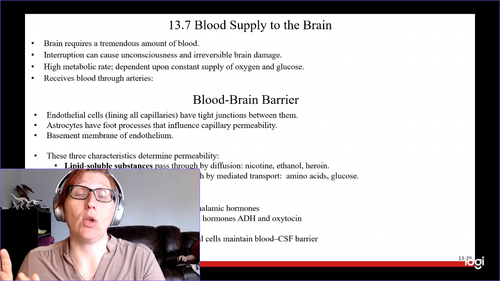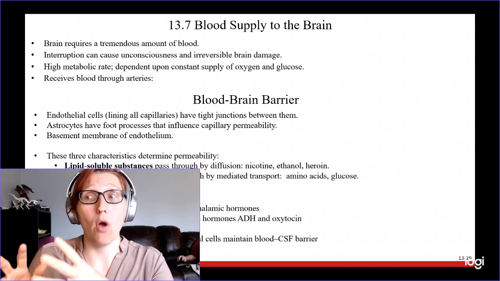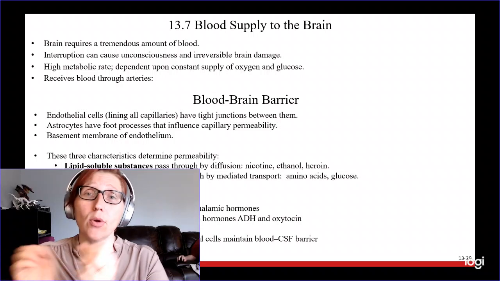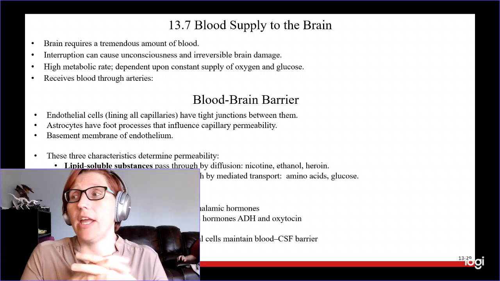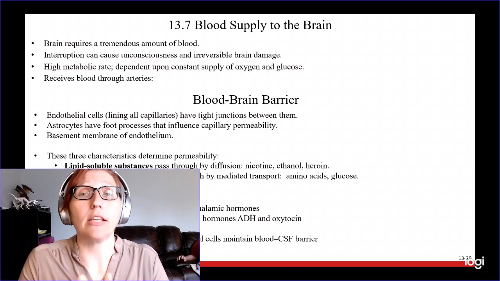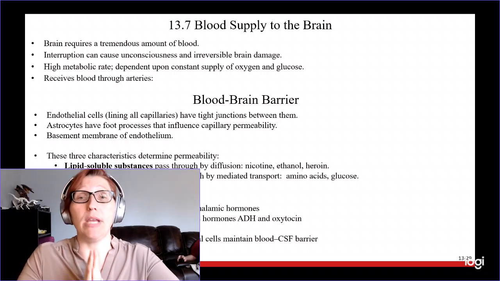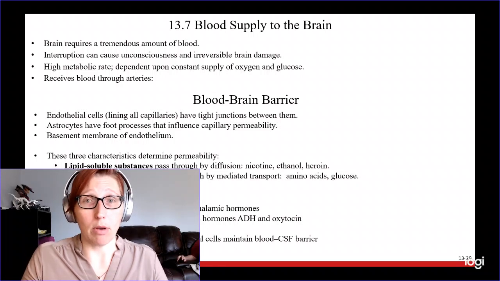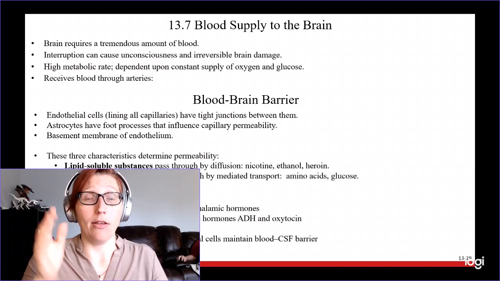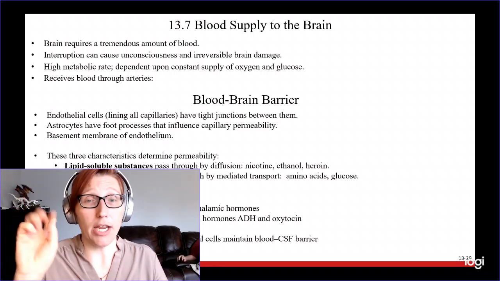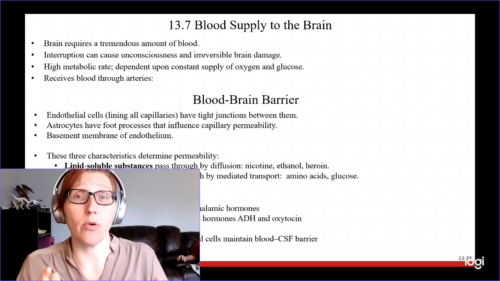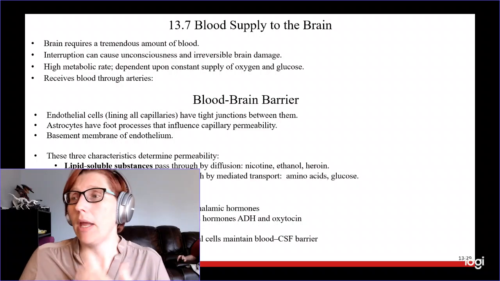Go back and take a look at that to make sure that you have why lipid-soluble things can diffuse straight through versus water-soluble things. Water-soluble things have got to go through mediated transport. Think about the properties of the phospholipid bilayer. The outside is hydrophilic, the inside is hydrophobic. Why do you think water-soluble substances need help? Make sure you have that straight.